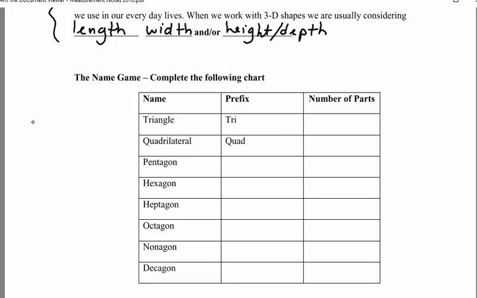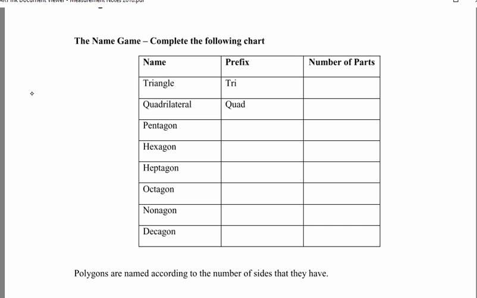Now, shapes, sometimes they'll have particular names given to them, and we'll refer to quadrilaterals, heptagons, octagons, nonagons, whatever. When we have the namings of shapes, it's not just a coincidence that some of these prefixes occur in other situations.